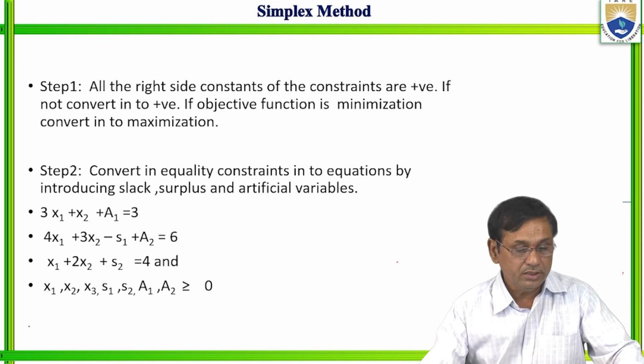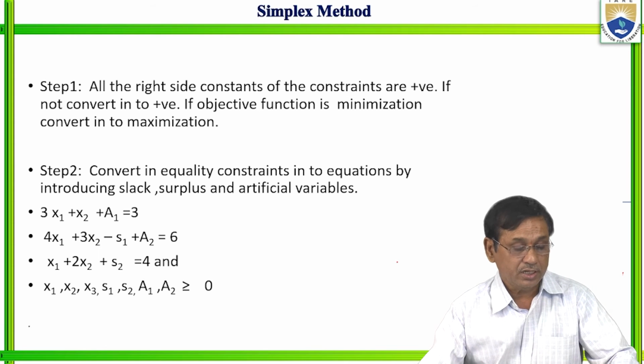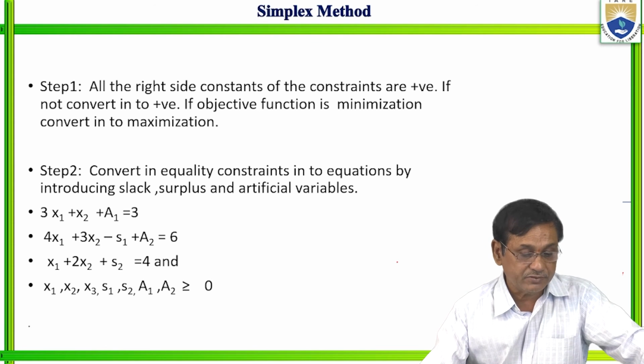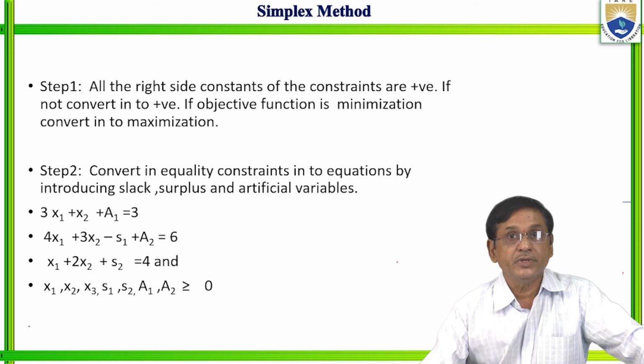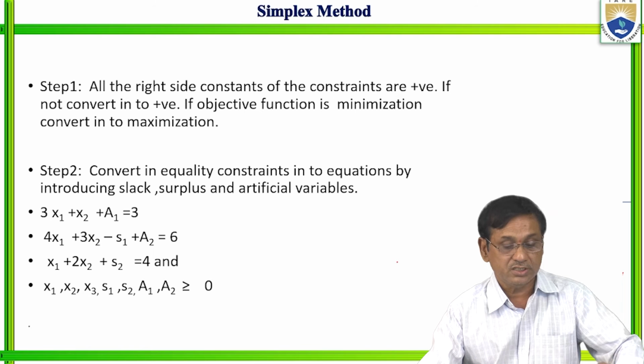Now the inequalities are converted into equations. The equations become 3x1 plus x2 plus a1 is equal to 3, 4x1 plus 3x2 minus s1 plus a2 is equal to 6, x1 plus 2x2 plus s2 is equal to 4, and x1, x2, s1, s2, a1, a2 greater than or equal to 0. These are the constraints.